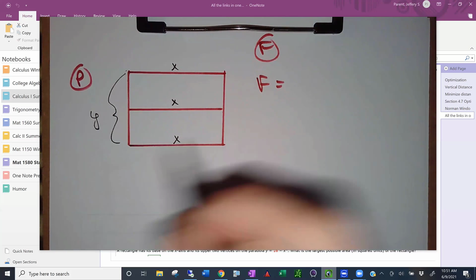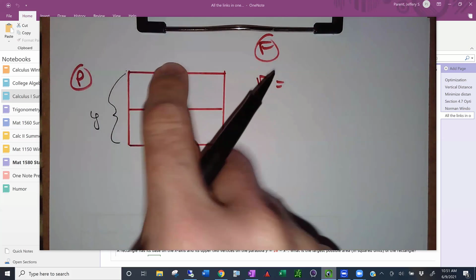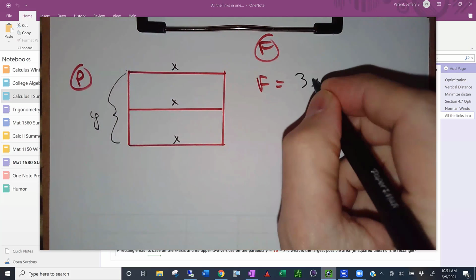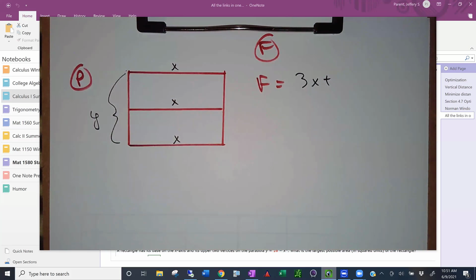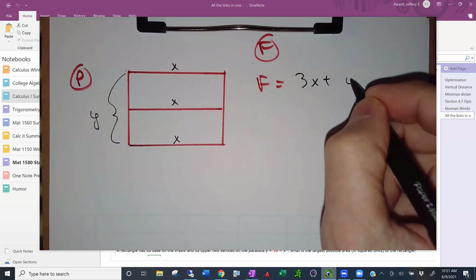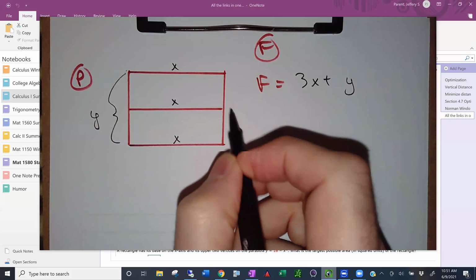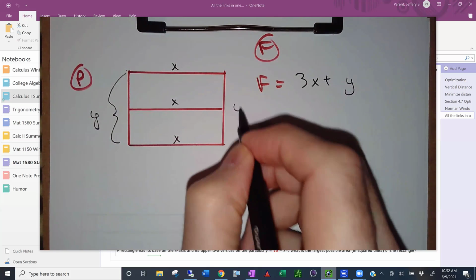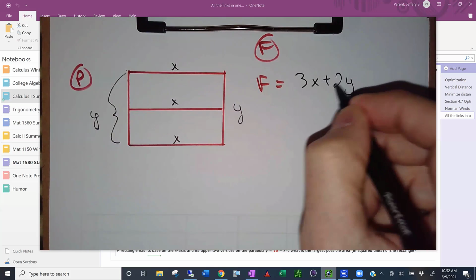For one thing, I need X and X and X. I need 3 X's. Plus what else? It'd be 2y. Yeah, it's kind of not written, but it's implied that there's another Y over here. So it'll be 2Y.